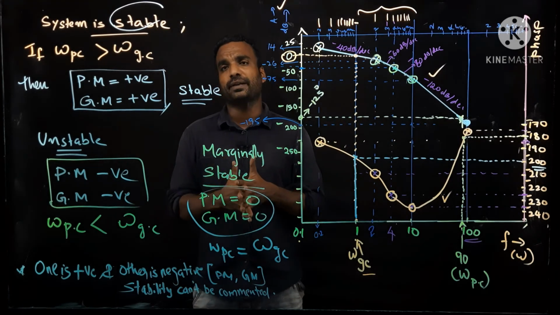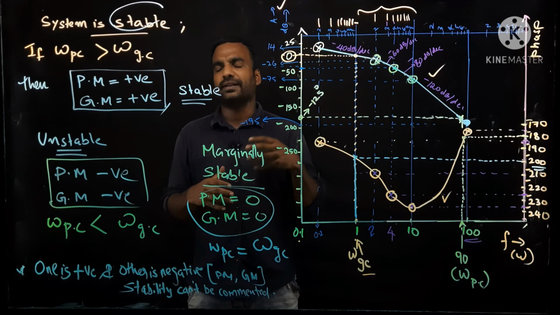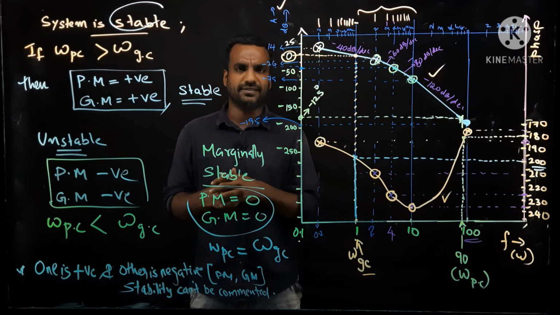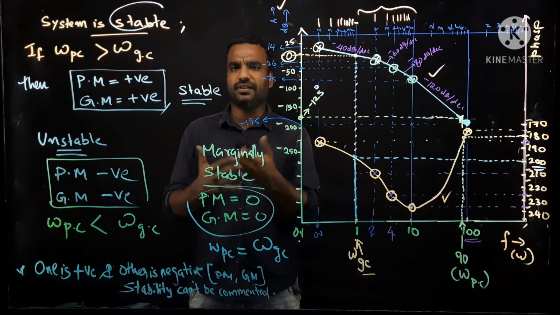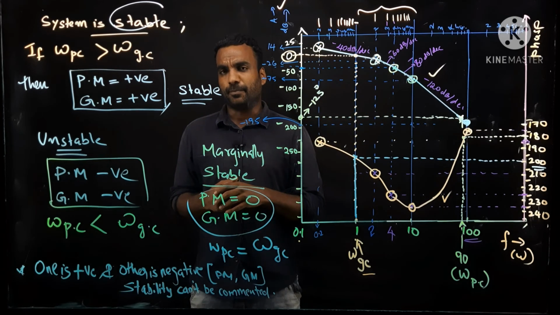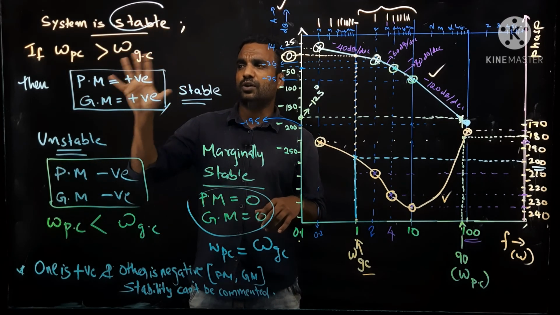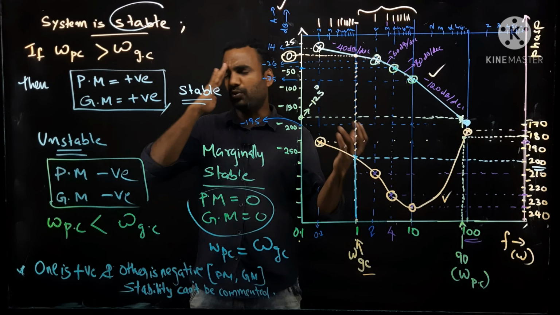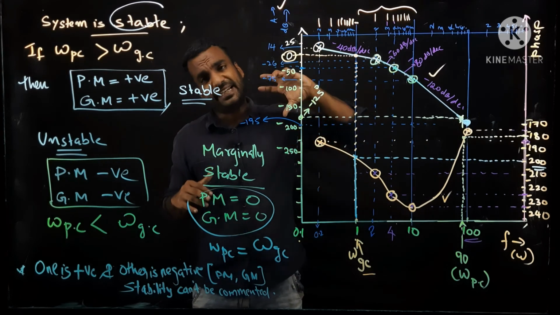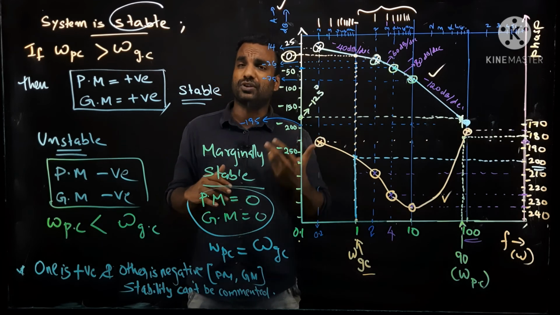Of course you can, by changing the value of K, or by designing some other compensators, by changing the transfer function a little bit. For that we are initially drawing the Bode plot. So now everything related to the Bode plot is over: the concept of stability, how to find gain margin and phase margin, and how we can comment about the stability from them.